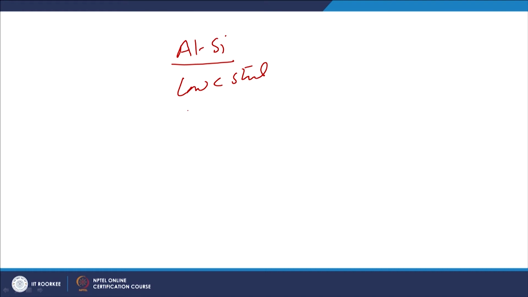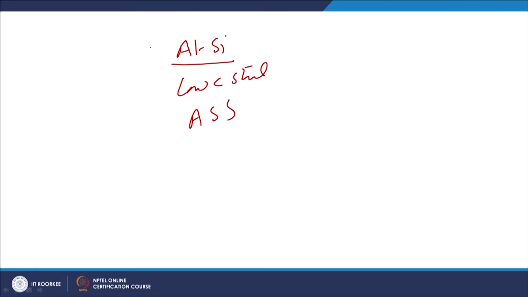What are the conditions where this kind of approach will be effective to improve the surface properties? So, normally aluminum silicon alloys, low carbon steel, austenitic stainless steel.